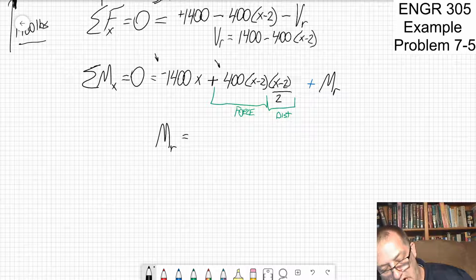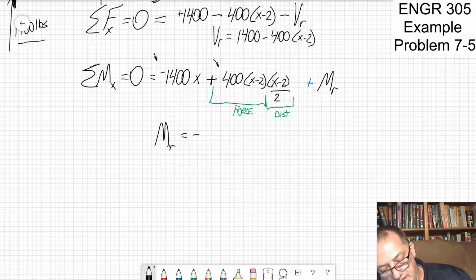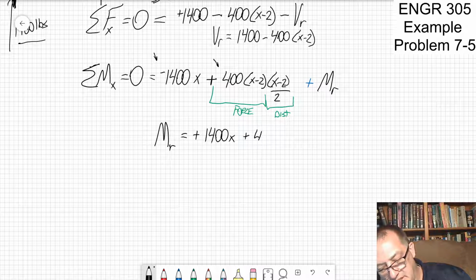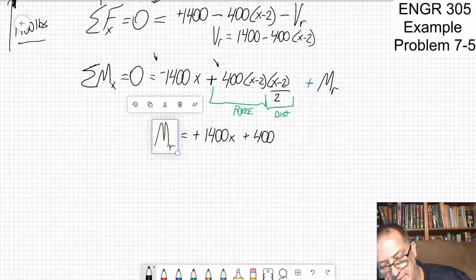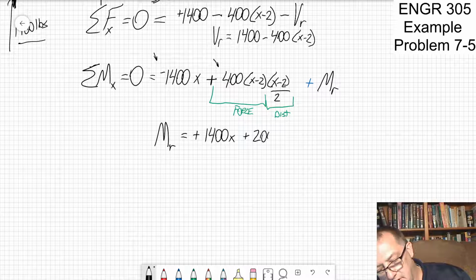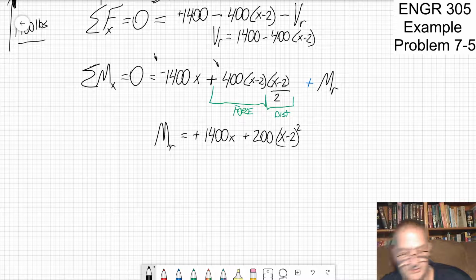And that gives me that the moment in R is equal to plus 1400x plus 400. Well, I'm going to simplify this. 200 x minus 2 squared.